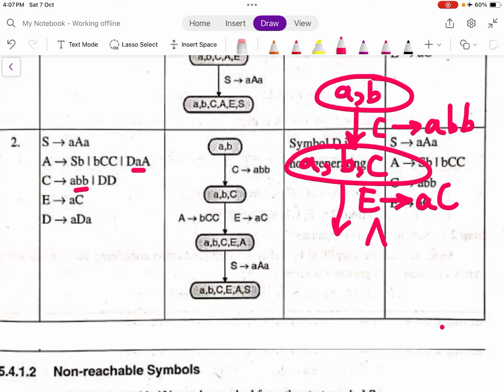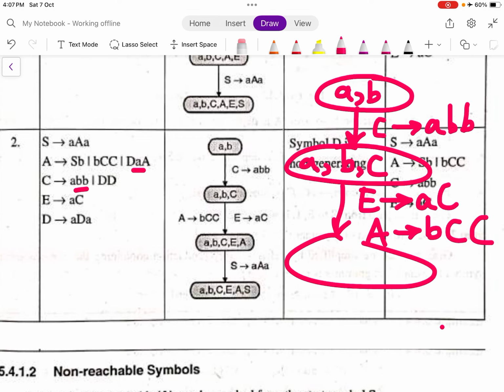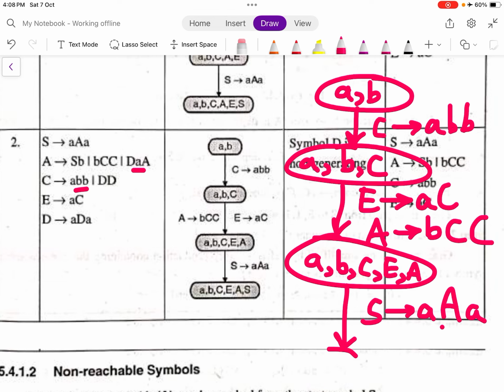A gives BCC. So we can add A, B, C, E, A. Next, S gives A, so S is also added: A, B, C, E, A, S.